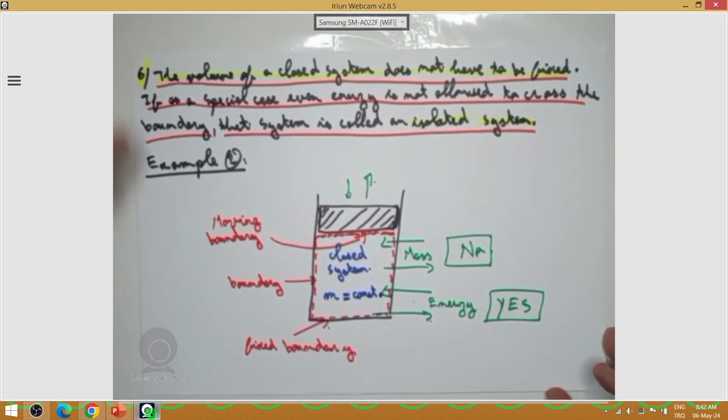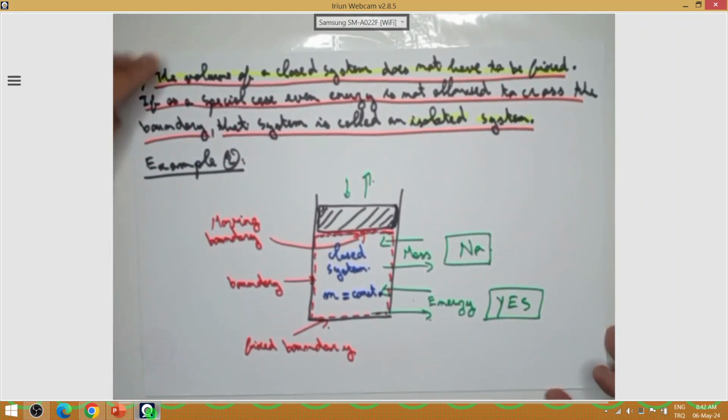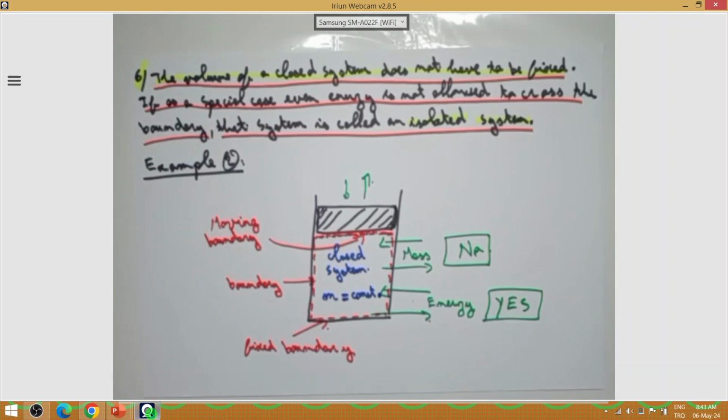So the mass of the system is constant, as we can see here, m equals constant.